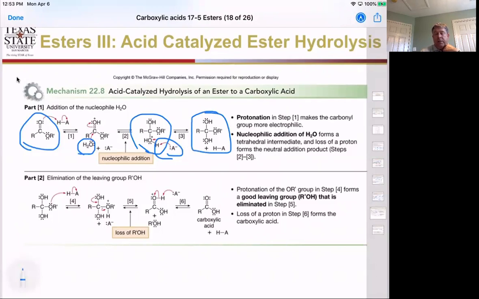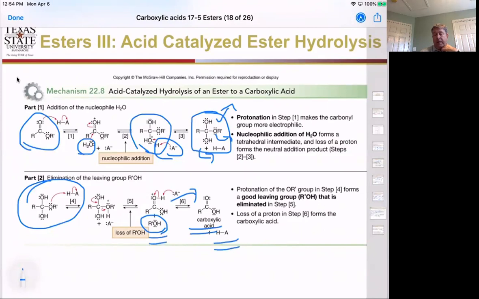Now, depending on which is the better leaving group, this hydroxide or that hydroxide can leave. Or in this case, if we protonate the alcohol, we can regenerate our carboxylic acid. So let's protonate our alcohol, making it the best leaving group of the set because it'll leave as a neutral species. We have loss of alcohol as the neutral species, and then we regain our acid catalyst to give us our carboxylic acid plus our acid catalyst plus our original starting alcohol.